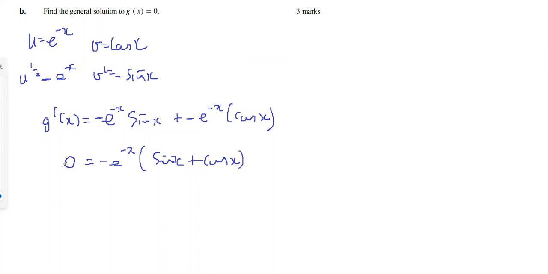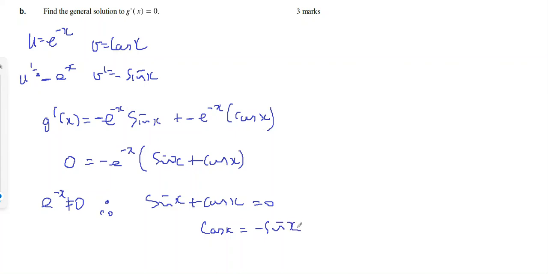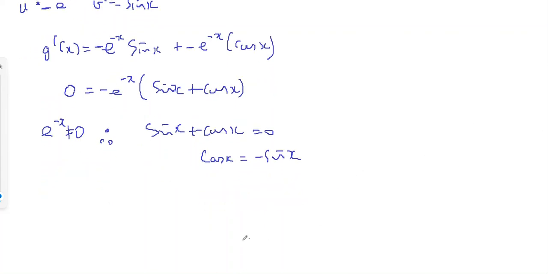If I set that equal to 0, e to the minus x cannot equal 0. Therefore, sine of x plus the cos of x equals 0, which means that cos of x equals negative sine of x. Divide both sides by cos. 1 equals negative tan of x. So tan of x equals negative 1.